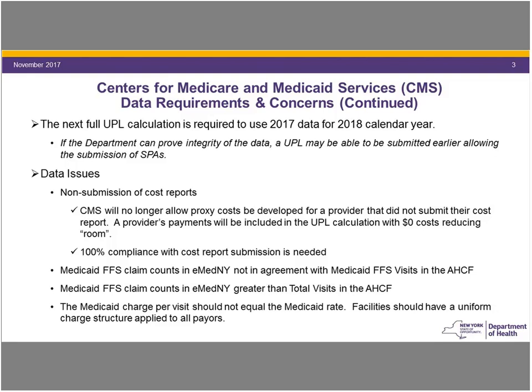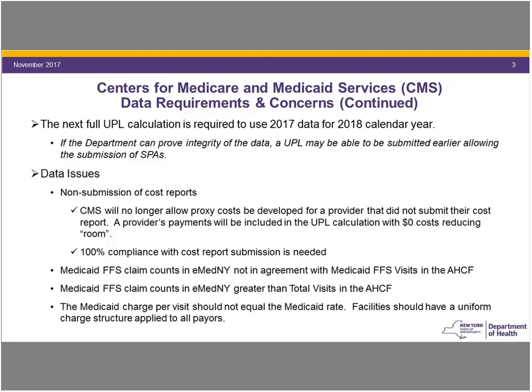The other issue they raised is that the Medicaid charge per visit should not equal the Medicaid rate. There's supposed to be a charge structure where each payer or each patient has the same charge applied.